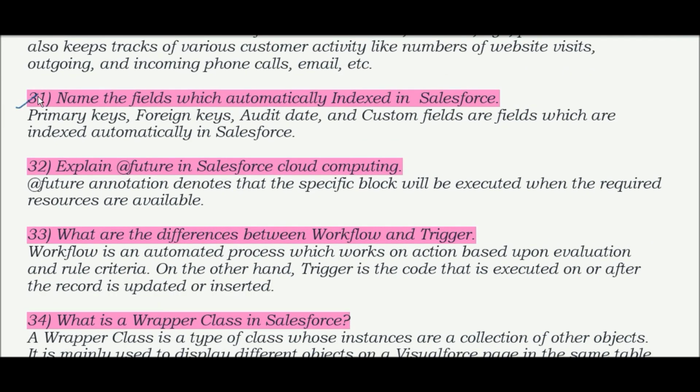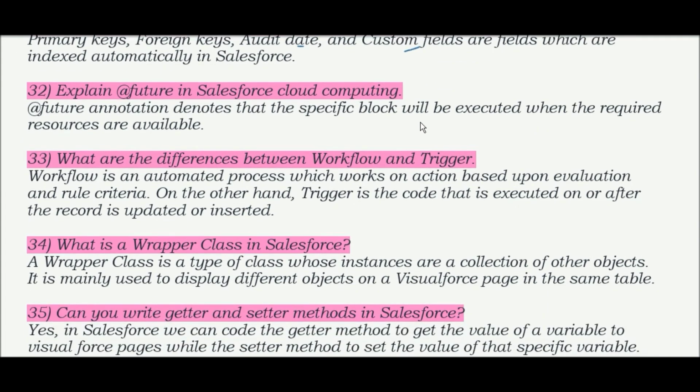Name the fields which are automatically indexed in Salesforce. Very important question. Answer is primary keys, foreign keys, audit dates and custom fields. They all are fields which are indexed automatically in Salesforce.